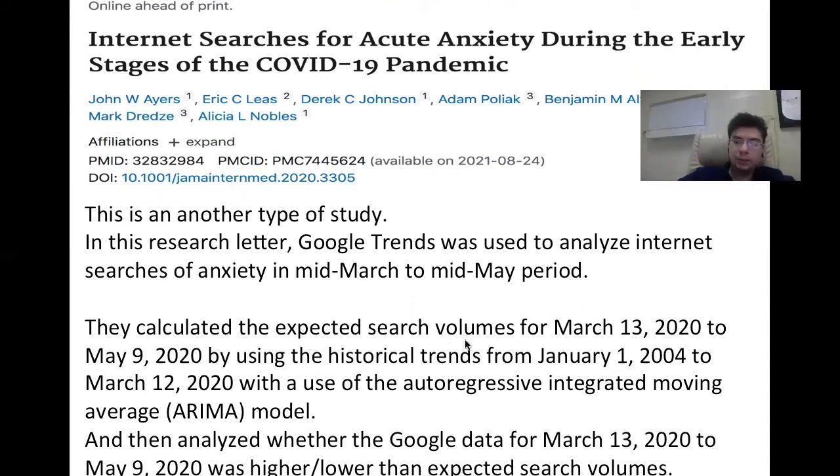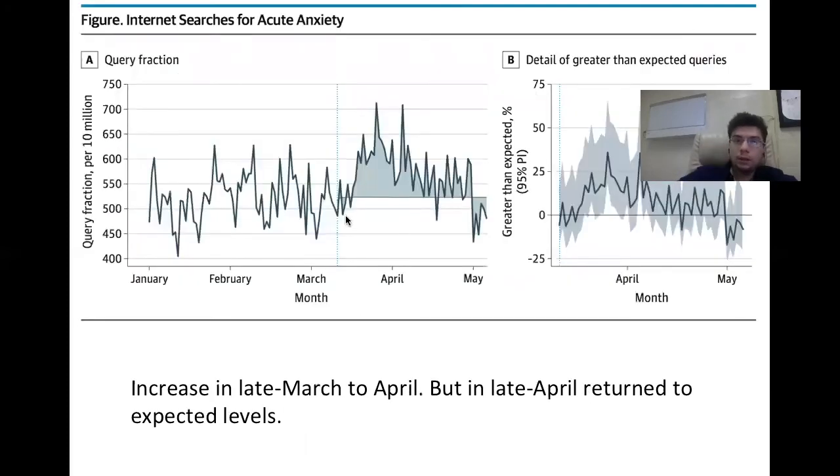They calculated the expected search volumes for March 13 to May 9th, 2020 by using the historical trends from 2004 to March 12, 2020 with the use of an auto-regressive integrated moving average model, and then analyzed whether the actual Google data from March 13th to May 9th, 2020 was higher or lower than expected. The investigators found an increase in searches for anxiety in late March to April. However, in late April, it returned to the expected levels that were previously seen.